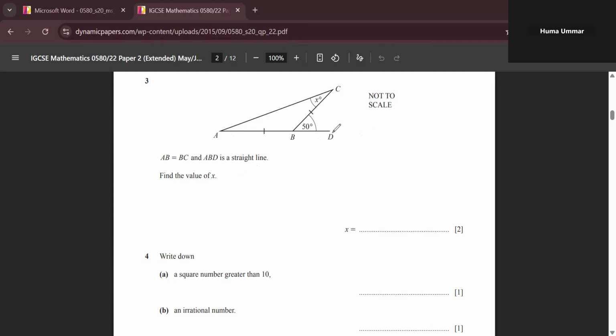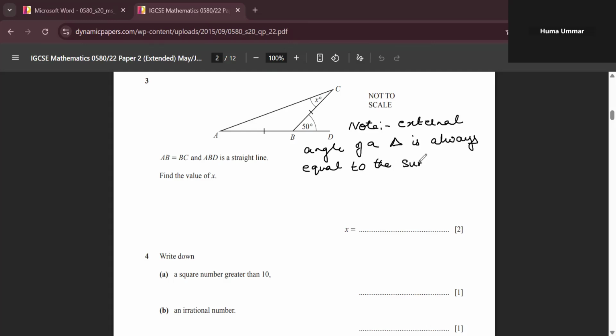There is a very important point over here, a very small rule: the external angle, or exterior angle, of a triangle is always equal to the sum of the opposite two interior angles.